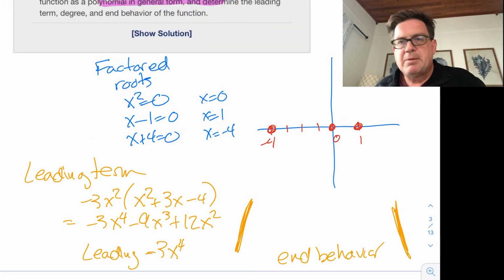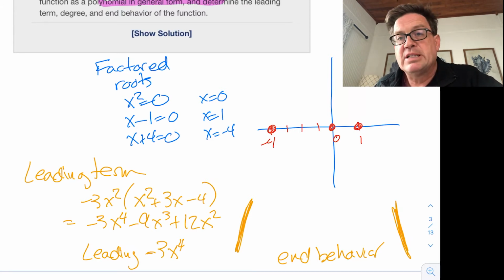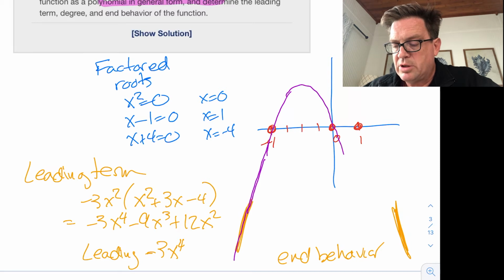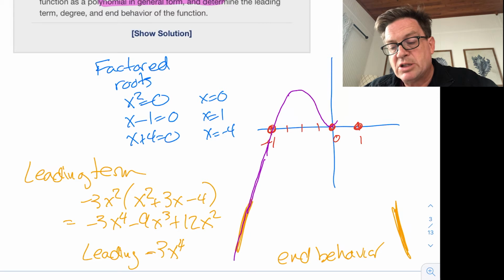And in a little bit, I'm going to show you on a Desmos activity how the multiplicity of the function can help you draw it. But you start off on the end behavior, and you go through the roots. And x equals minus 4 is a root. x minus 0 is a root, but it's a root of multiplicity 2.